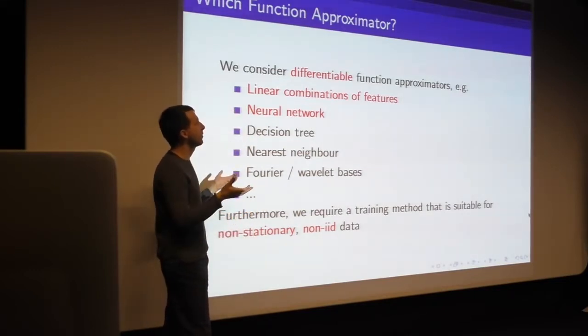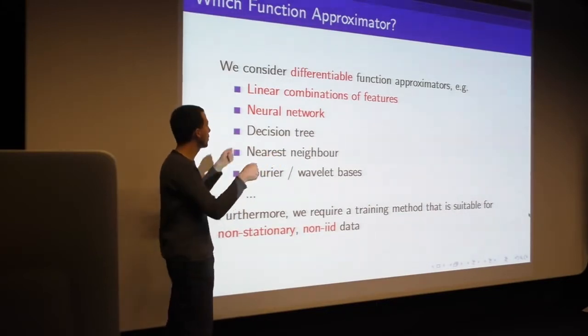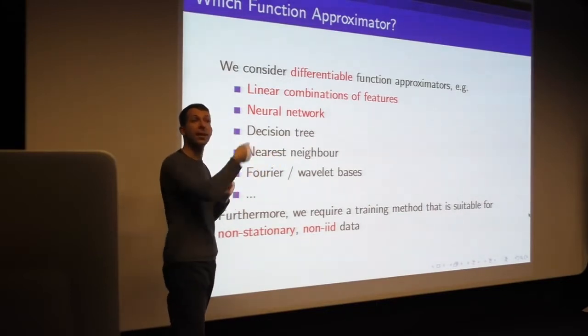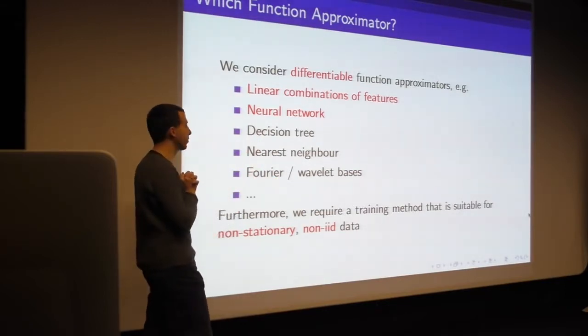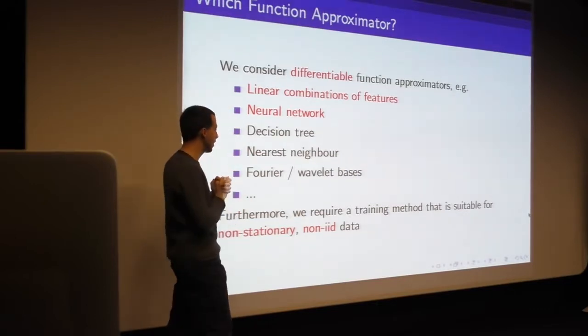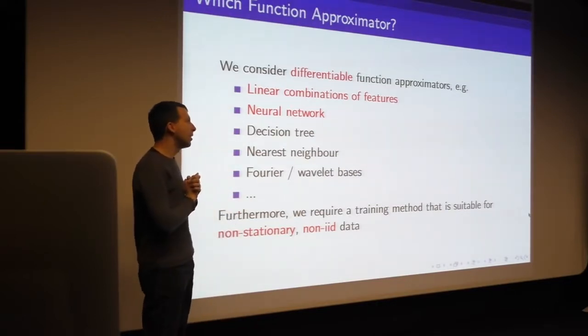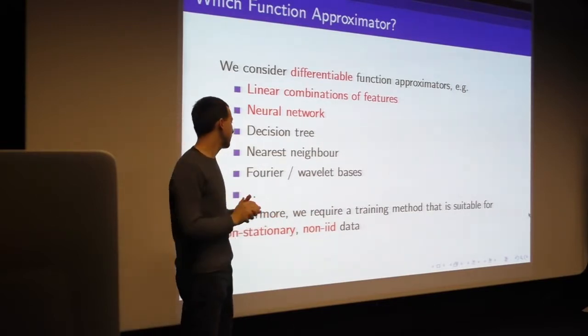These are examples of differentiable function approximators where we know exactly how, if you change the w in your neural net, it affects the outcome, because you do a backward pass on your neural network, and that gives you your gradient. Similarly with these linear combinations, we know exactly the gradient of these things. So that's the representation. We want a representation that's differentiable, but what about training these things?